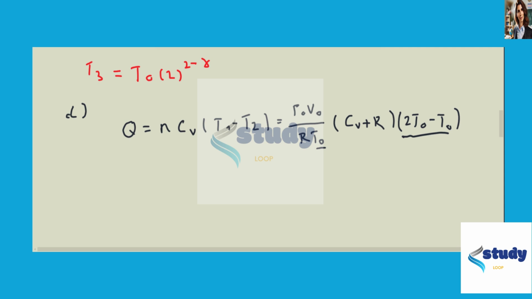Therefore, the final answer is Q equals P0 V0 times, in brackets, CV over R plus 1, after this algebraic transformation. And this is the final answer for part D, and now the whole problem is solved.